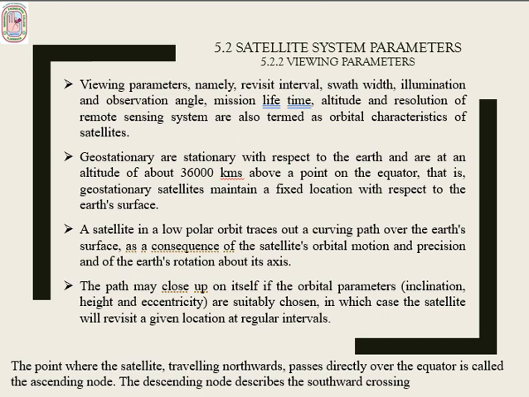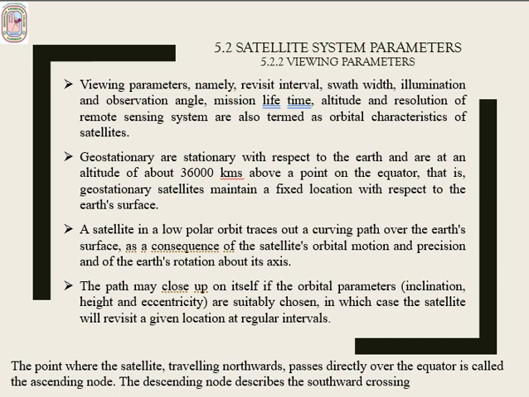Third one is the resolution. Resolution includes spatial, spectral, radiometric and temporal resolutions. I will define them one by one in the next slides. These are the various types of resolution which are considered important and meaningful in remote sensing. Then illumination and observation angles, for example, nadir direction and off nadir direction are the two observation angles.